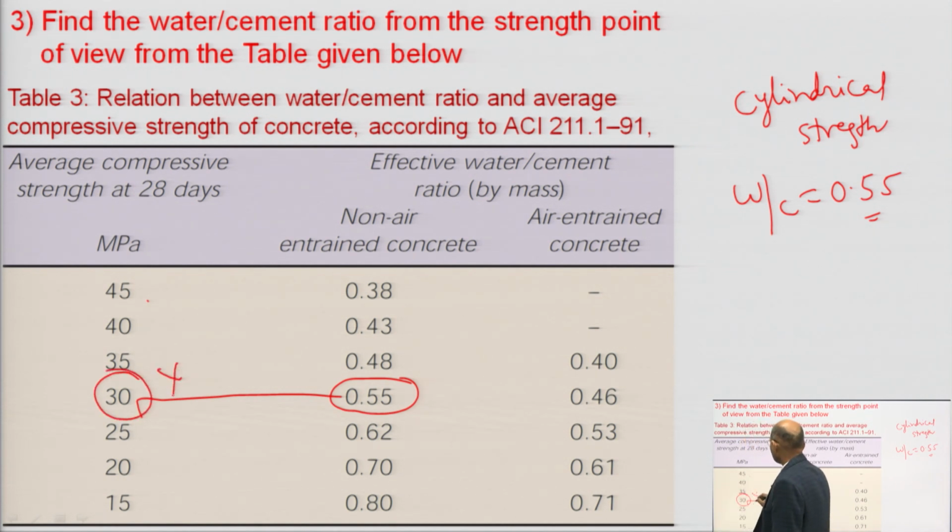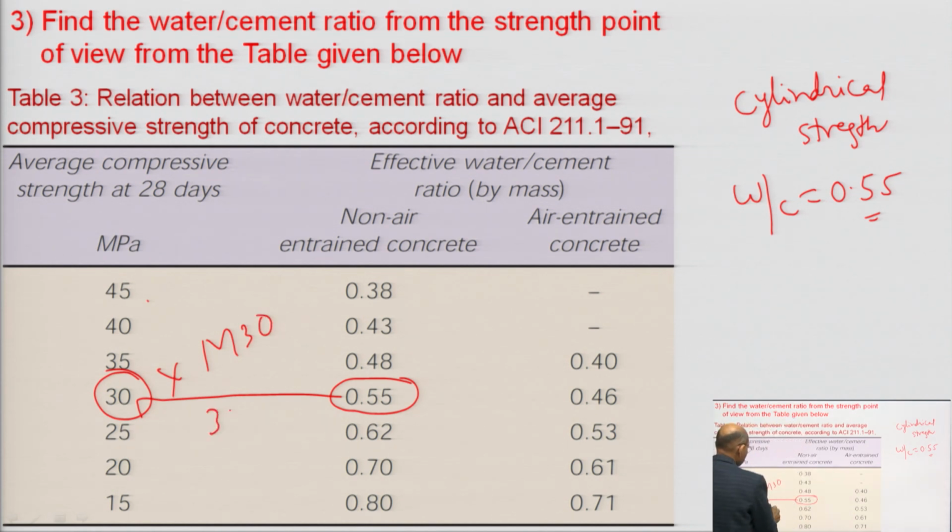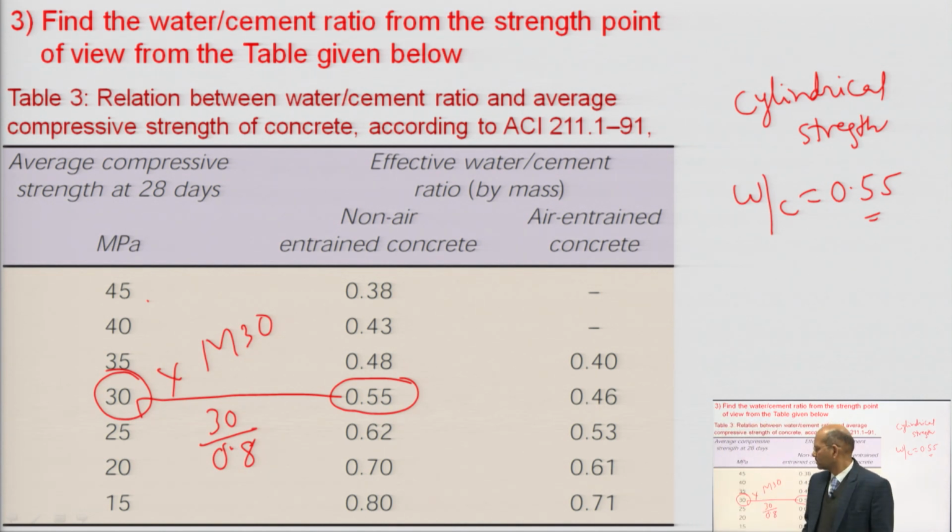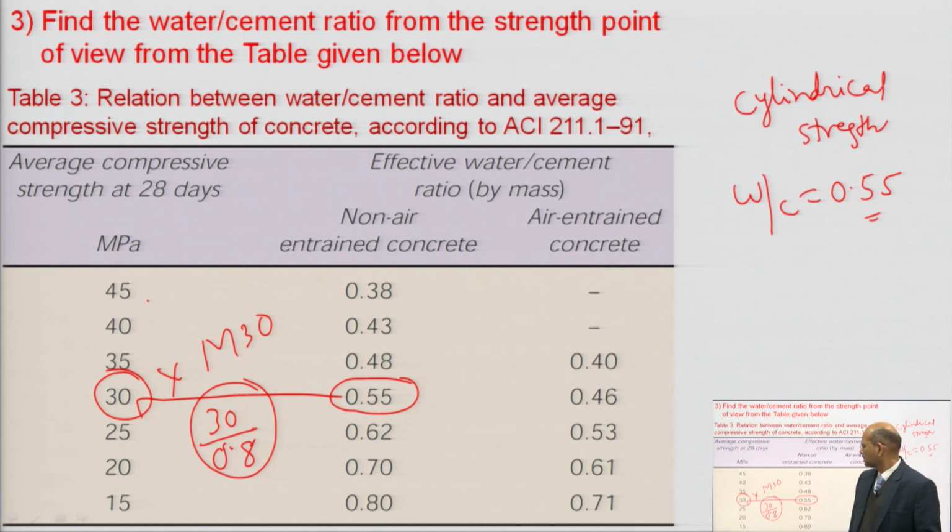If you want M30 grade concrete, you divide this by 0.80, so this value will be higher, that may be around more than 35. That you have to consider here while we are designing the water cement ratio.